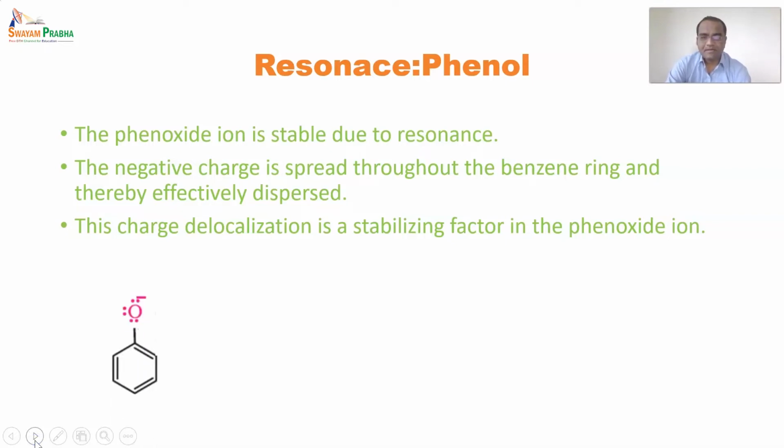After losing an H plus ion, oxygen, which had two lone pairs of electrons earlier, gets the sigma bond between H and O broken, and it gives back a lone pair of electrons towards oxygen. This happens because oxygen is an electronegative atom, so whenever the bond breaks, it breaks towards oxygen.